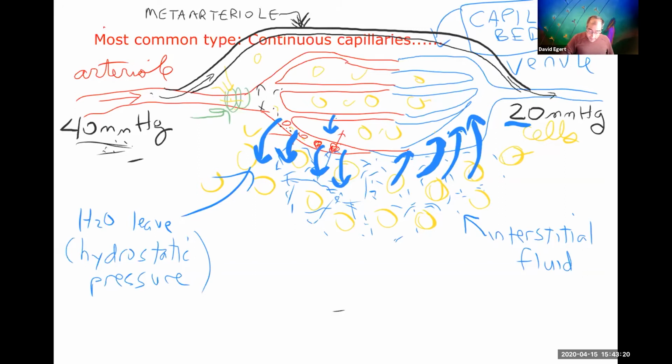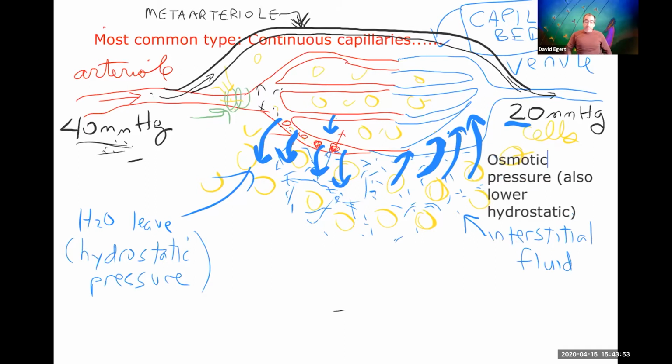And that's going to be because we're going to have osmotic pressure here. So on the far side of the capillary bed, you are going to end up having the water returning.